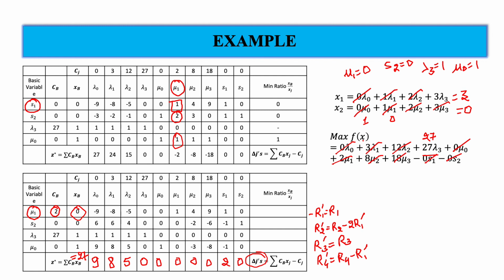So the maximum value of the function is 27. You can even check it from here, our function value is 27. So this is the optimal solution of the given problem.